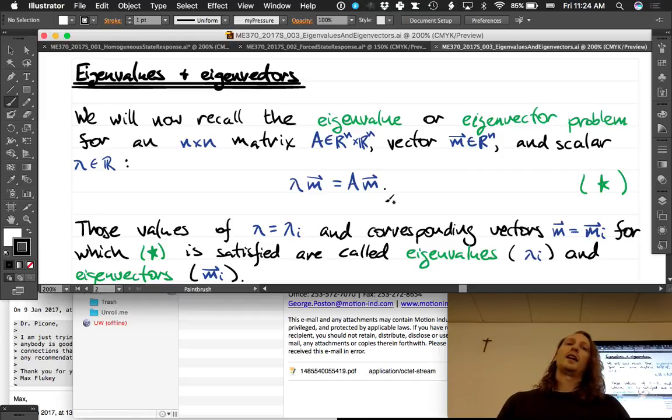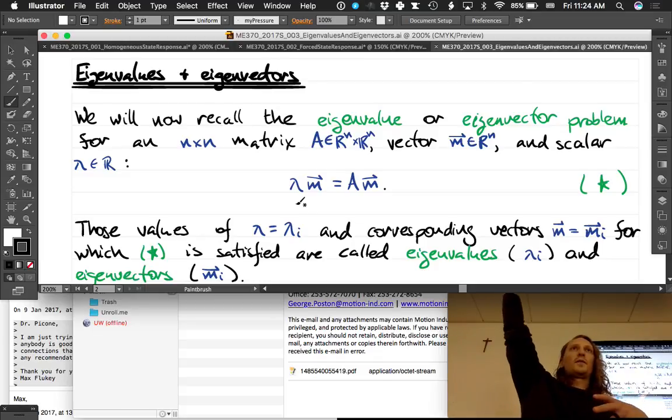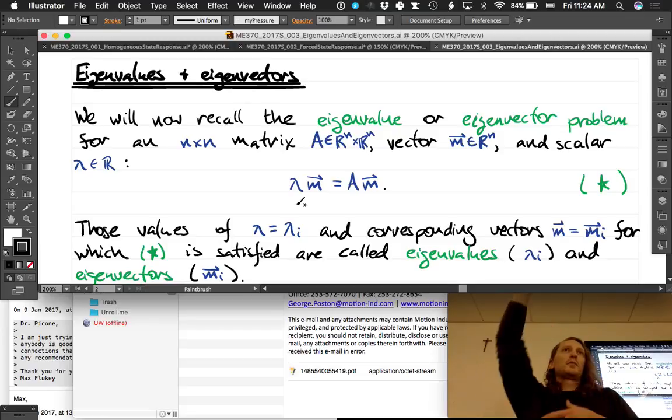It just states that one side of the equation has the vector m, the other side has the same vector m, and on the left-hand side, we scale it by some real number. So this lambda could be like 5 or something. And when we scale a vector, what are we doing? We're just stretching it, right? So we're either stretching m or shrinking m down, but it's in the same direction.